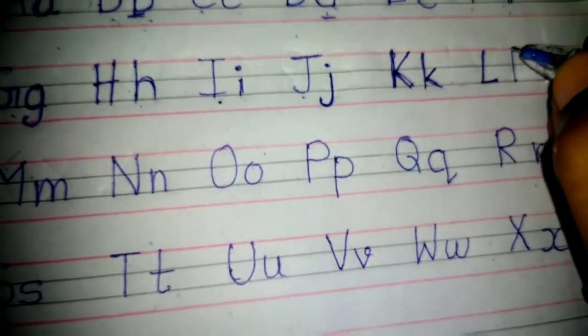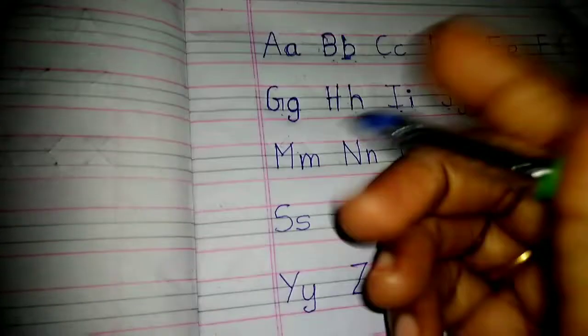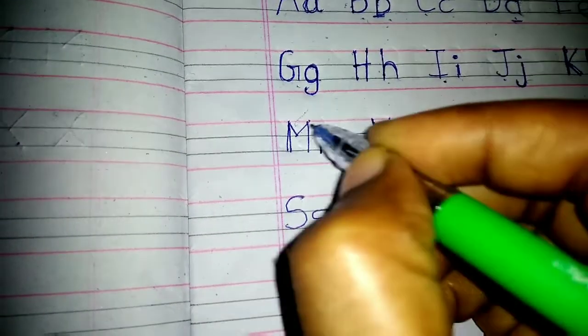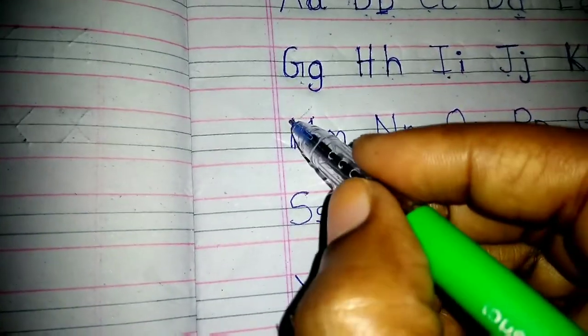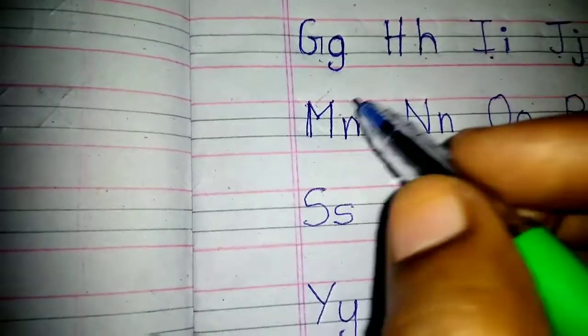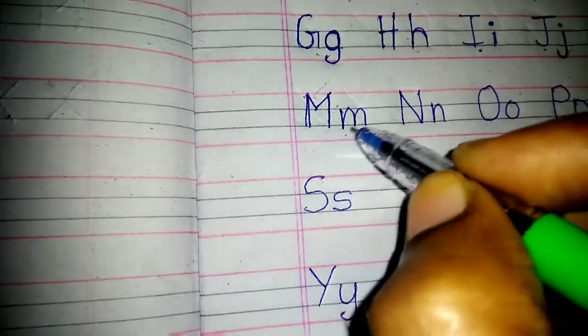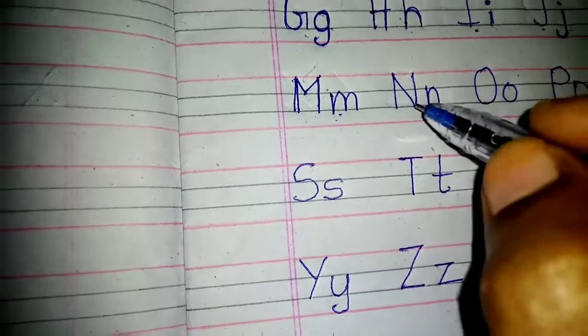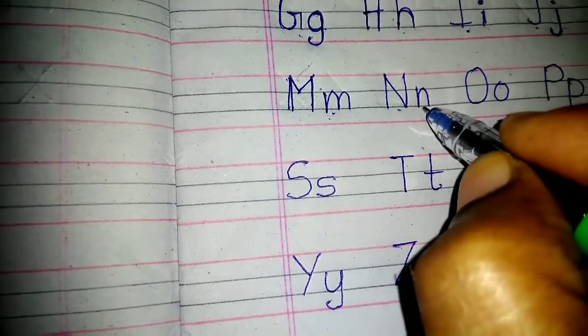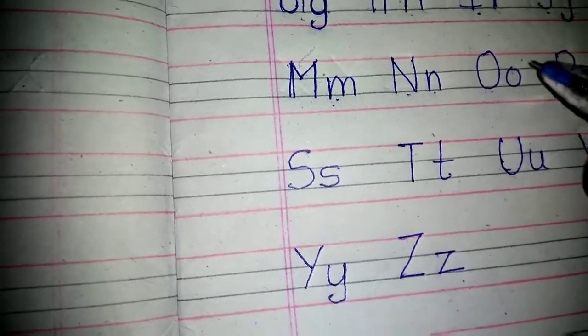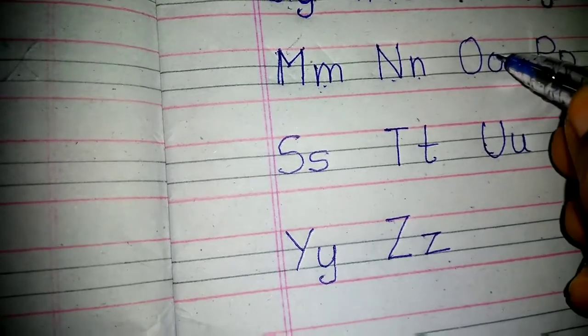Capital L and small l. Now you take the capital M and small m. Capital M, what happened here? 3 lines belong to M. Small m is between only 2 lines. And capital N and small n. Capital O, small o, there is no difference.